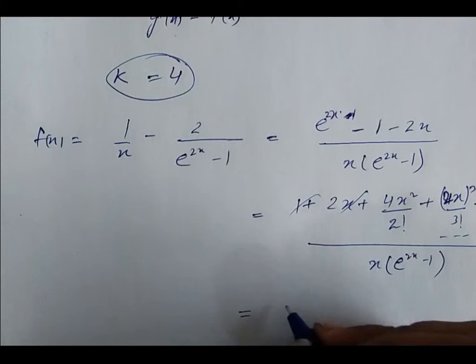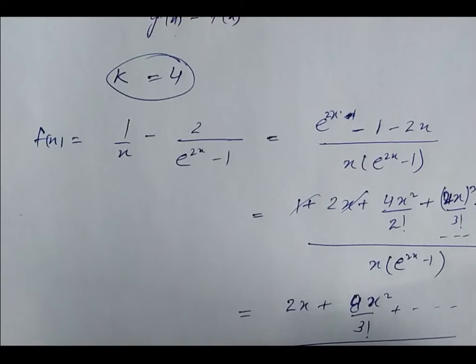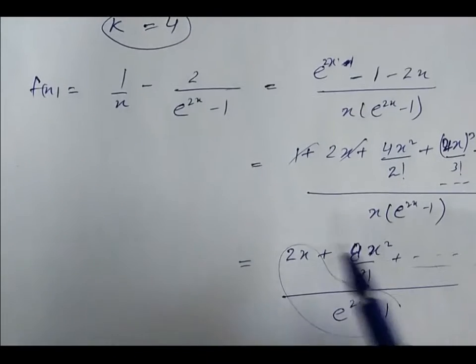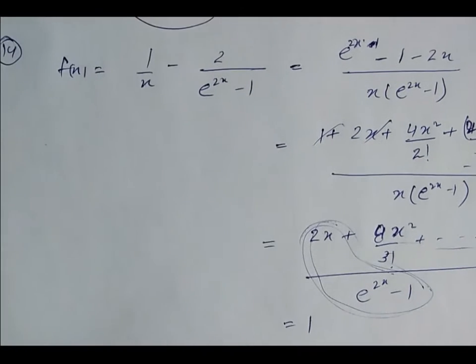So 1 and 2x will cancel out, so it will be 2x square plus 8x cube upon 3 factorial plus so on, upon e to the power 2x minus 1. So this limit will be equal to 1 and all other terms will be equal to 0. So if f(0) is defined to be 1, then the function can be made continuous.